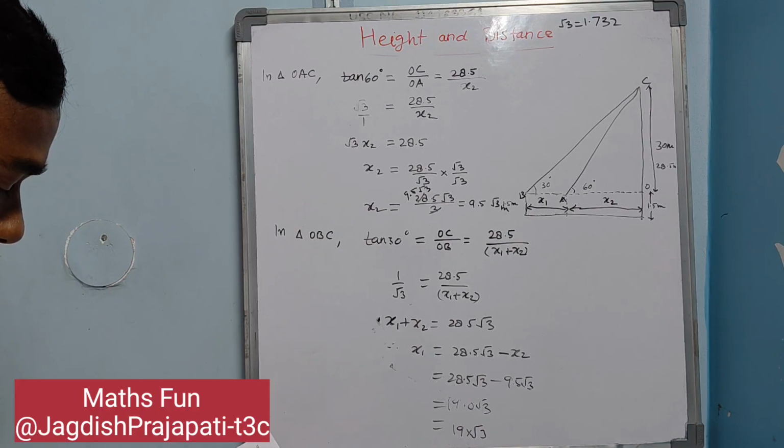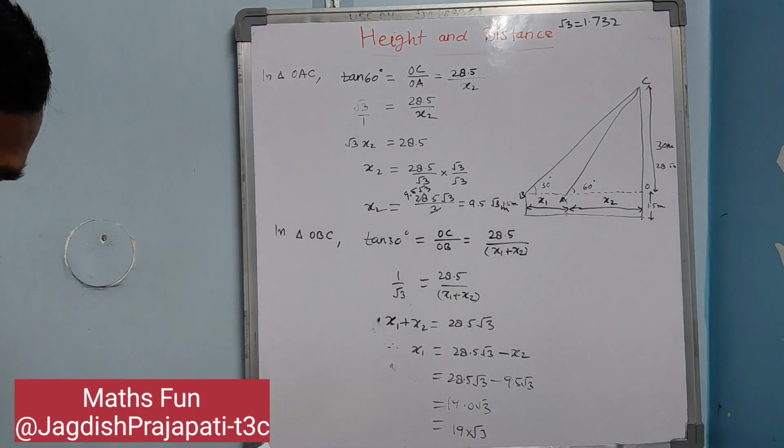The angle of depression of the top and the bottom of an 8-meter tall building from the top of a multi-story building, this is also equivalent to that. So I am leaving exercises 16, 17, 18, 19 for you.